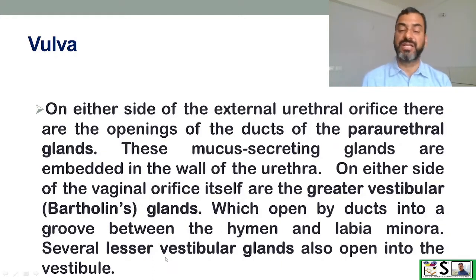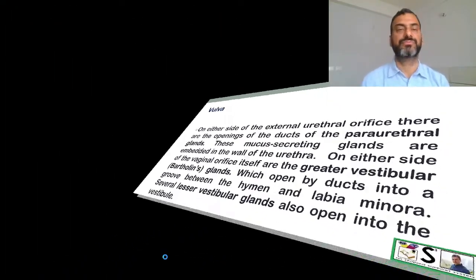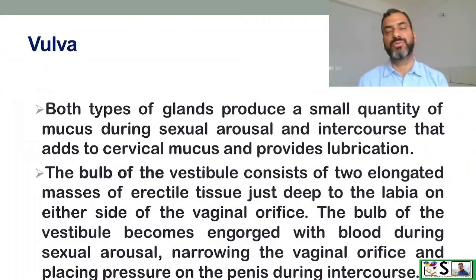Several lesser vestibular glands are also present and open into the vestibule. Both types of glands produce a small quantity of mucus during sexual arousal and intercourse that adds with the cervical mucus and provides lubrication to the vagina.